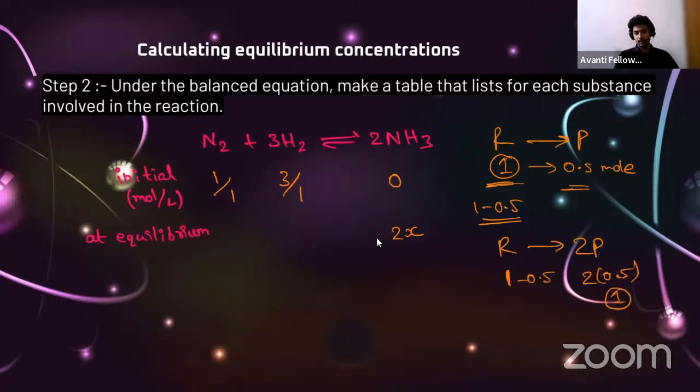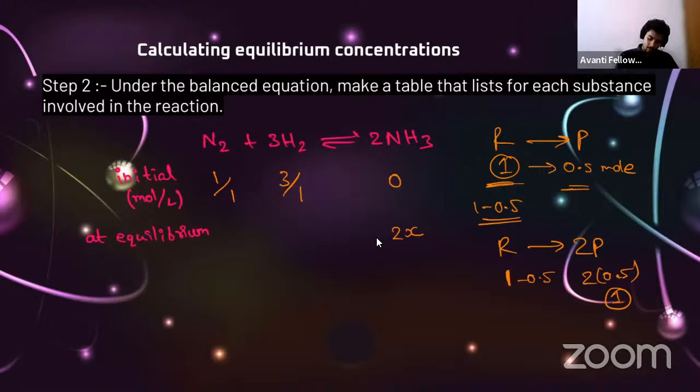Try to be clear with this, okay? If 1 mole gives 1 mole, that means if 0.5 moles is given, exactly 0.5 moles of reactant is decomposed. Now if 1 mole is giving 2 moles, that is if 0.5 moles of the reactant is decomposing, exactly twice of the 0.5 moles of product will be produced. Try to keep this in mind, okay?